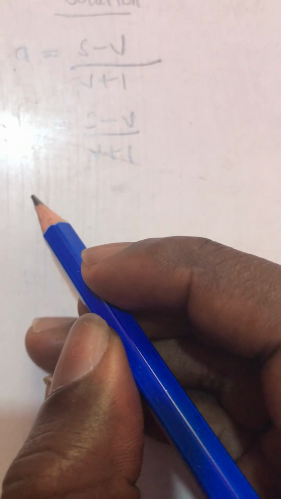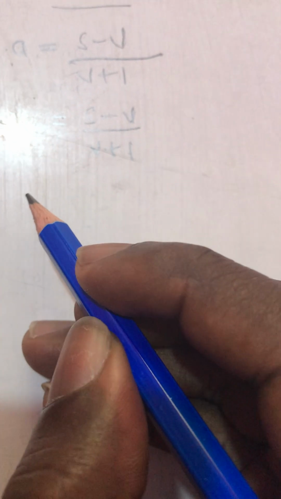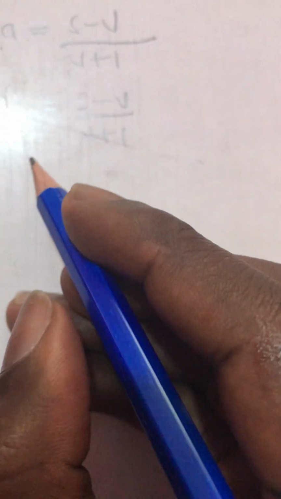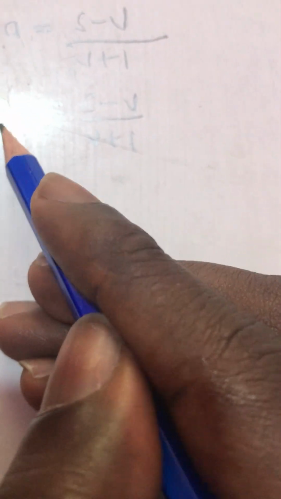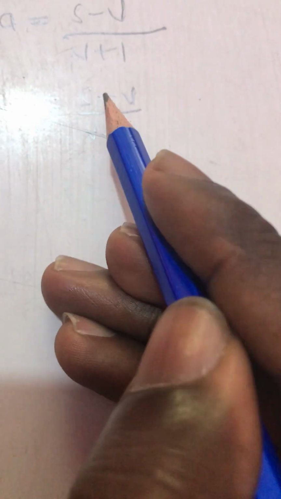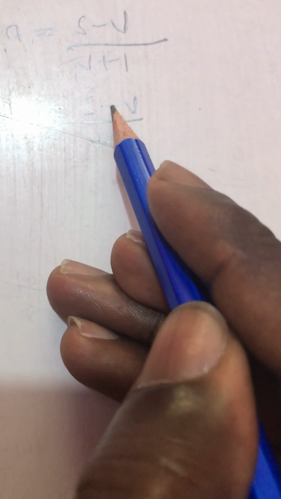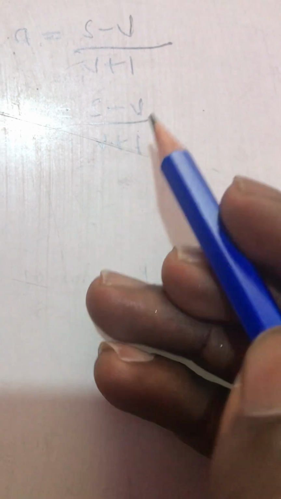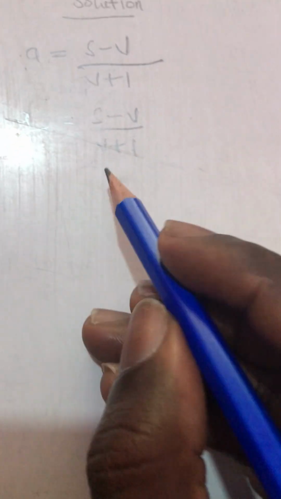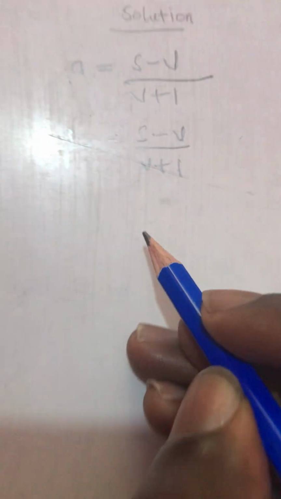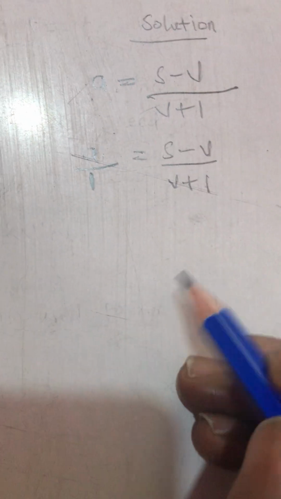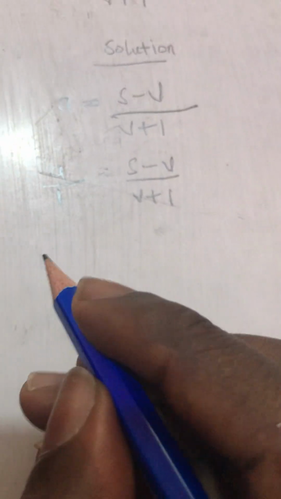So what you have to do is to cross multiply. So we have the fraction a over 1 equals the fraction (s minus v) over (v plus 1), right? So we are going to cross multiply.